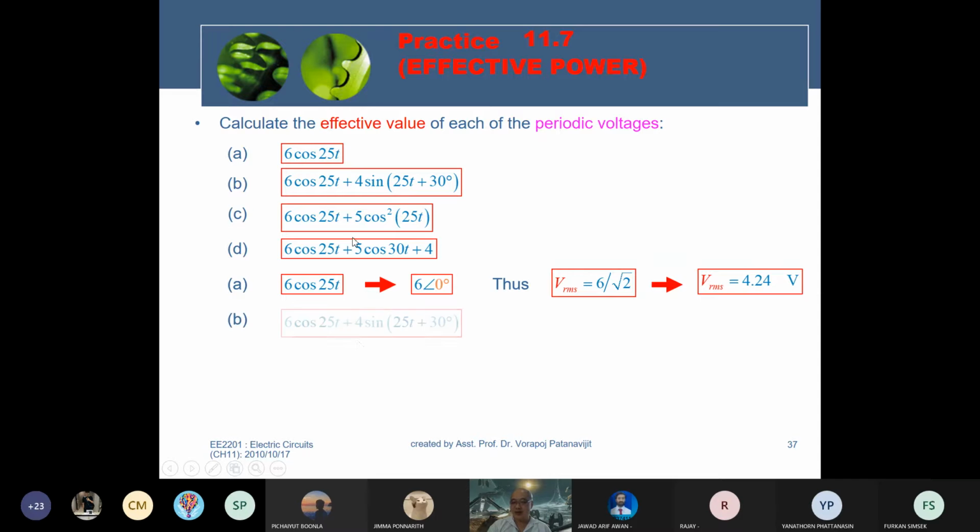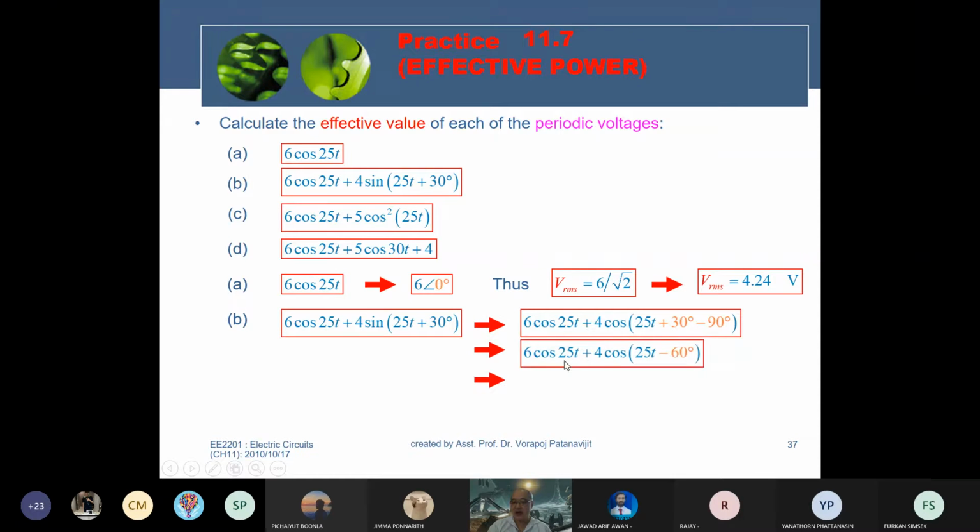The next one is a little bit more complicated, because it's comprised of two functions. We use the same technique. We use the phasor to combine them first, or the trigonometric identities to combine them. It will be cos A, expressed here, and you convert them to be here and merge them.